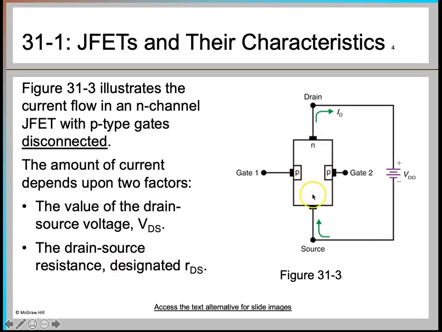So the amount of drain current which is flowing through this channel depends upon the potential between the drain and the source, which is your VDS, and also the drain source resistance, RDS, formed between these two terminals.